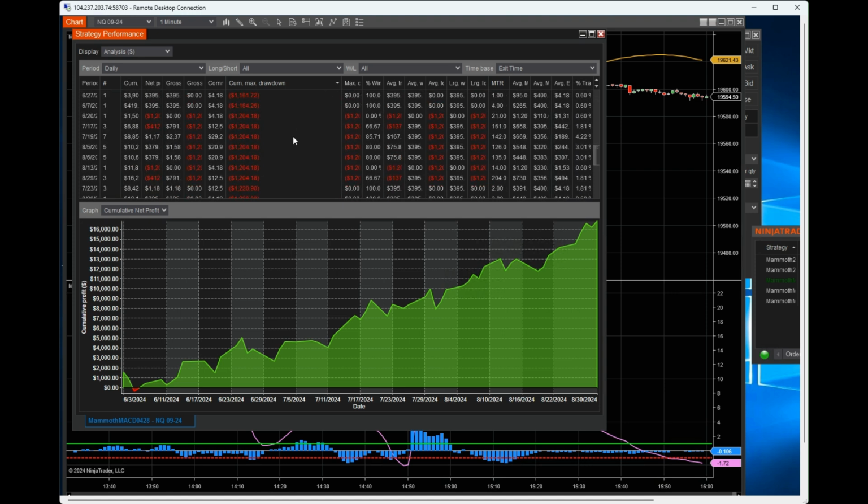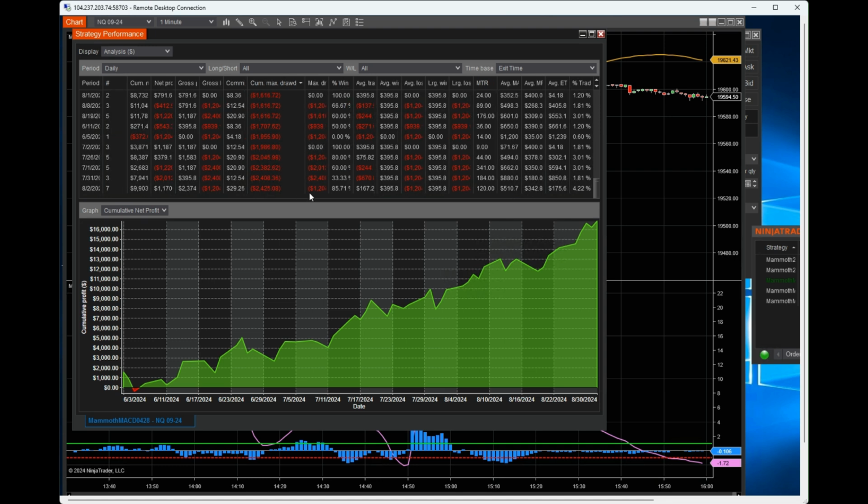The largest is 24.8. That is the accumulated max drawdown, and that means on July 31st we have a day that is in red, and that is the maximum hit to your account. It depends on the size of your account.